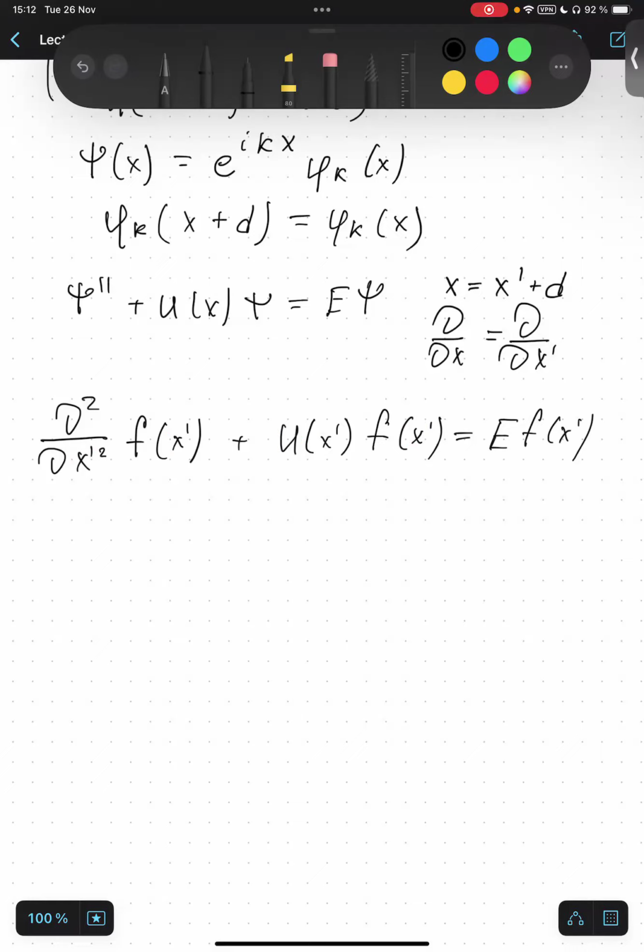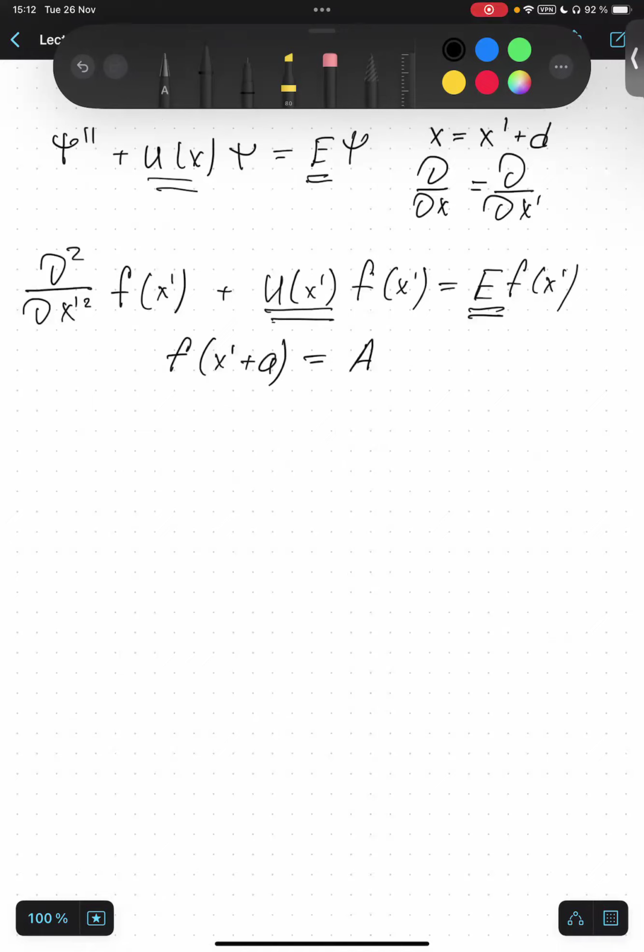It basically means that we can consider it like this. You see that these coefficients are the same, and also the function is the same, so we can rewrite it as f at x prime. And in this case, a is some function of phi.